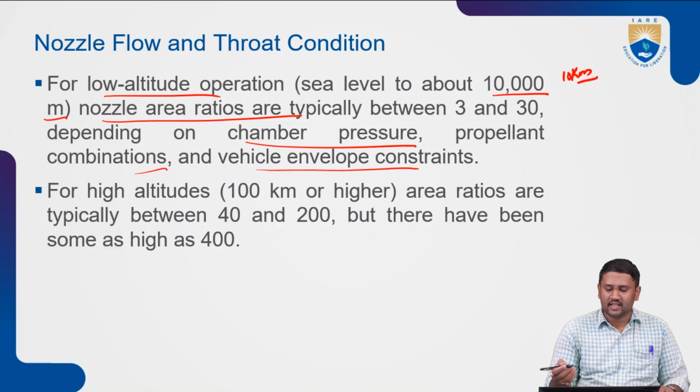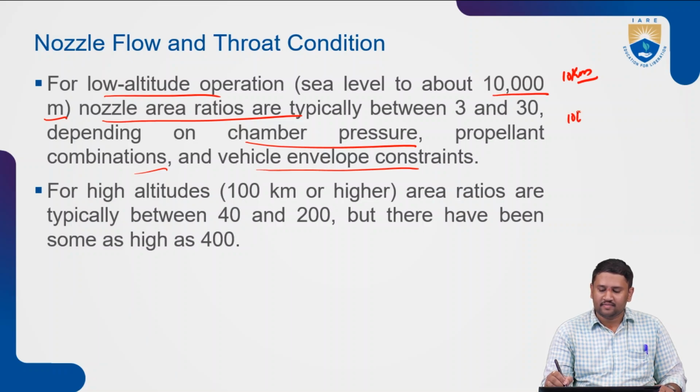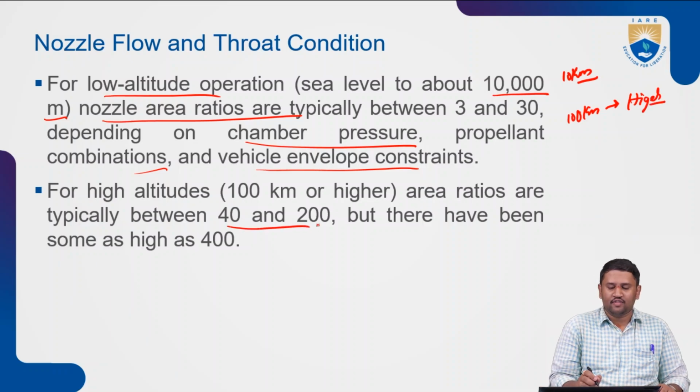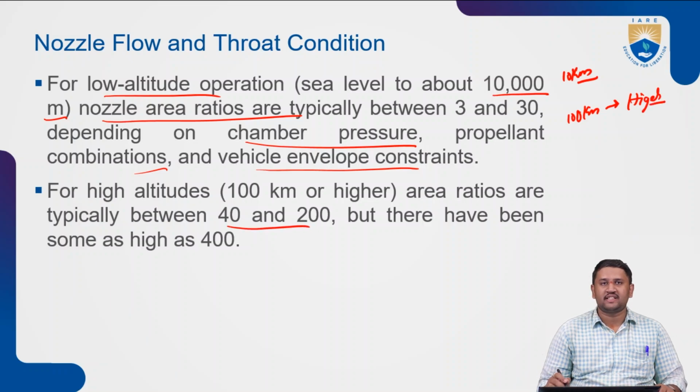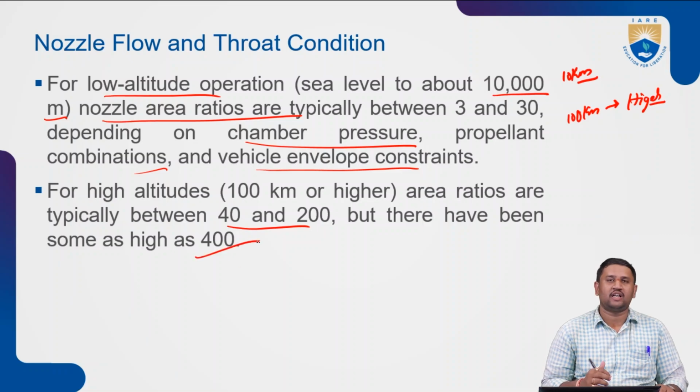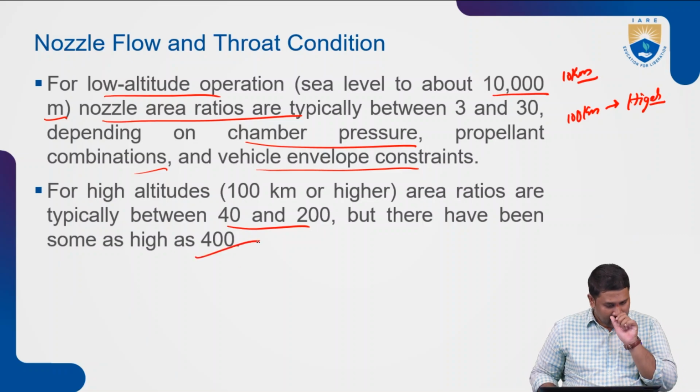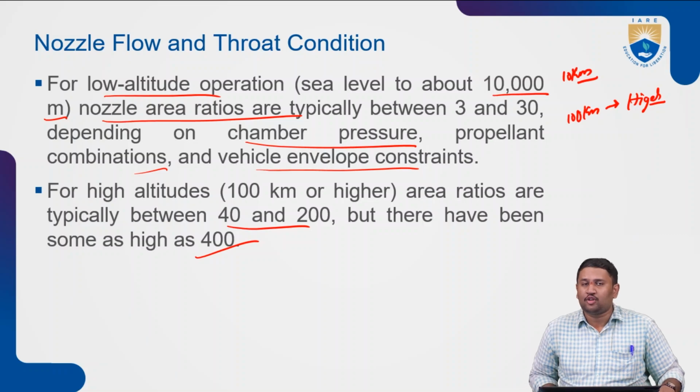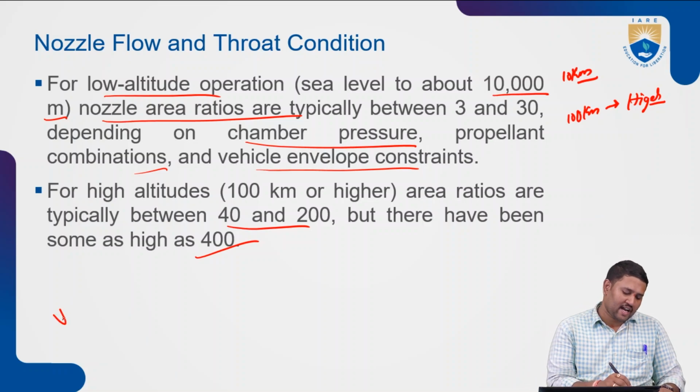And for higher altitudes, particularly 100 kilometers and higher, the ratios are typically between 40 to 200, but there have been some as high as 400 also, because at higher altitudes you will have no pressure, a near vacuum, right?